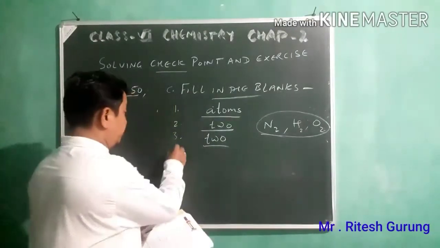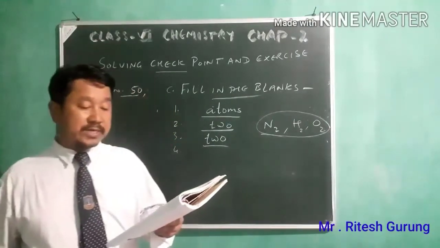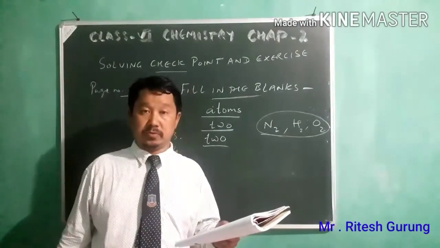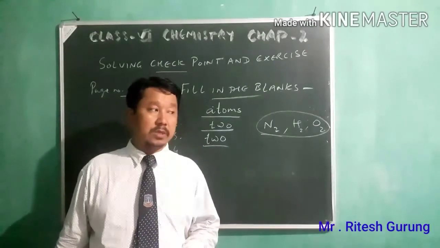Then number 4, pure crystals of common salt are obtained by which method? I told you last time, evaporation.